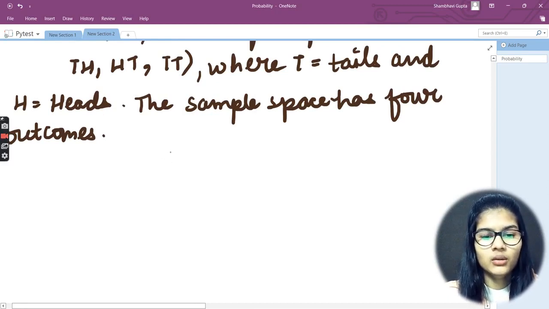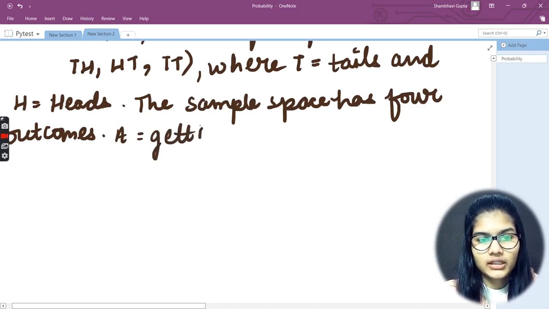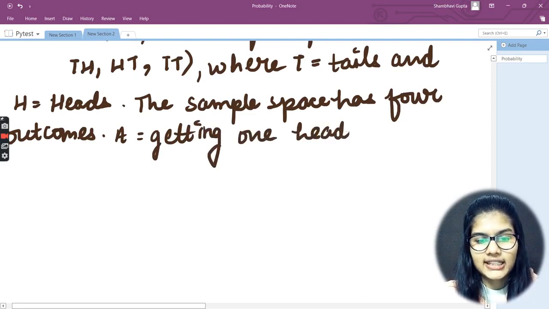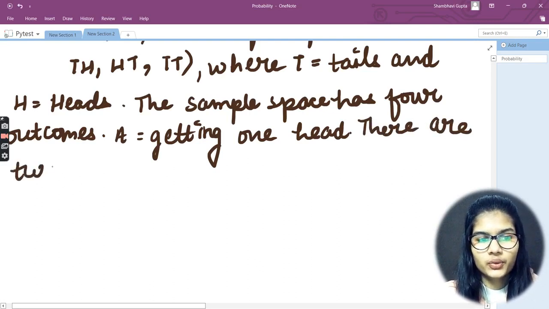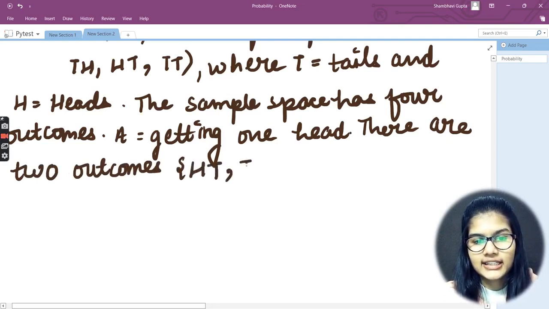Now the event A, that's my probability, is getting 1 head. So I have to compute the probability for getting 1 head. There are in total 2 outcomes which have 1 head: first is head tail and second is tail head.